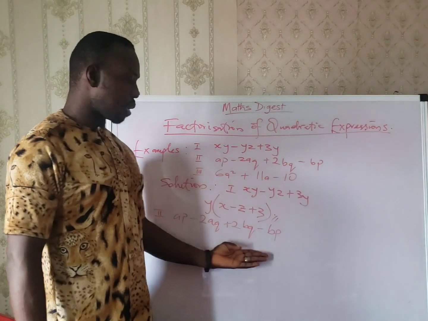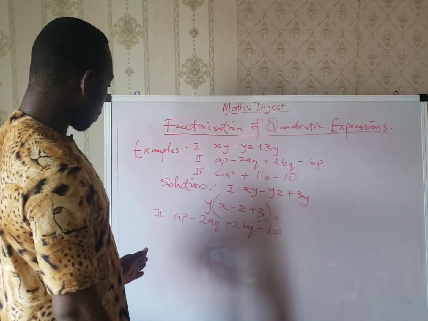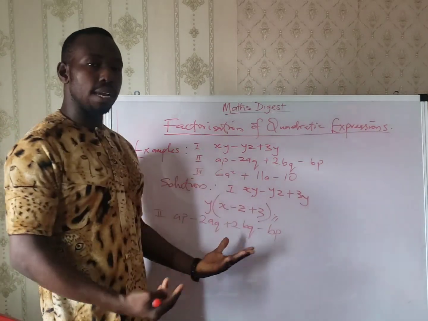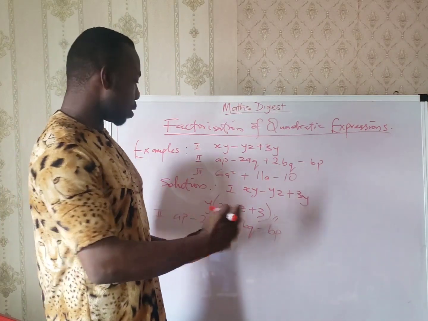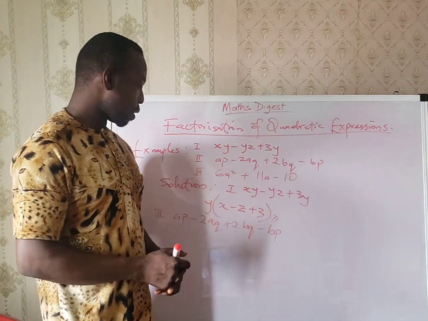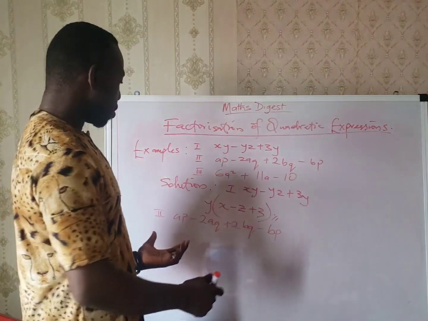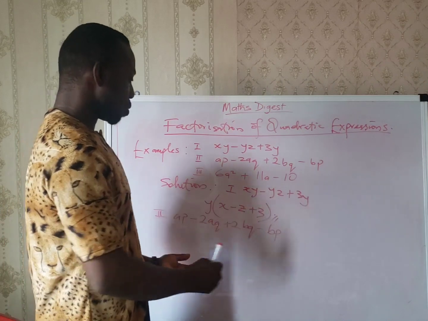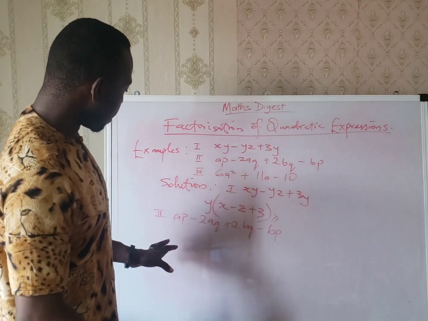Whenever you are talking about grouping, we are going to group it in such a way that when you bring out any term that is common between the two entities, the arrangement will remain perfect. You take the ones that have the common factors and write them down before the other one.